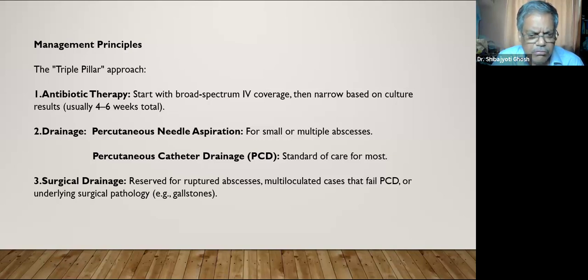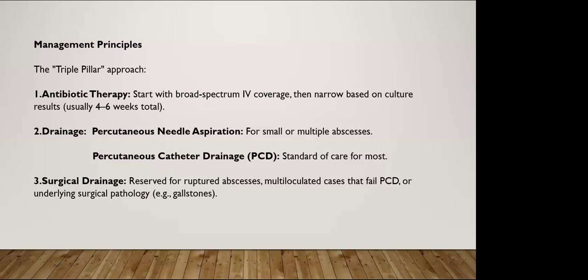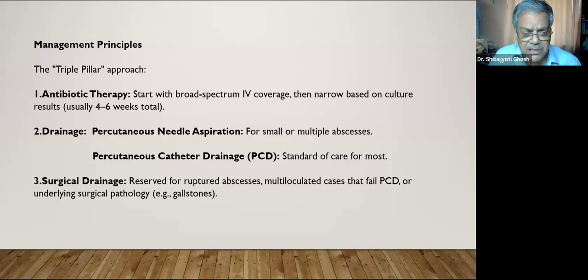Sometimes these are multiloculated, or if it ruptures, percutaneous catheter drainage may not work properly. In such situations, if the condition of the patient deteriorates, we have to think about surgical drainage. Surgical drainage means we might need exploratory laparotomy and do the drainage and peritoneal toileting in case of rupture of the abscess.